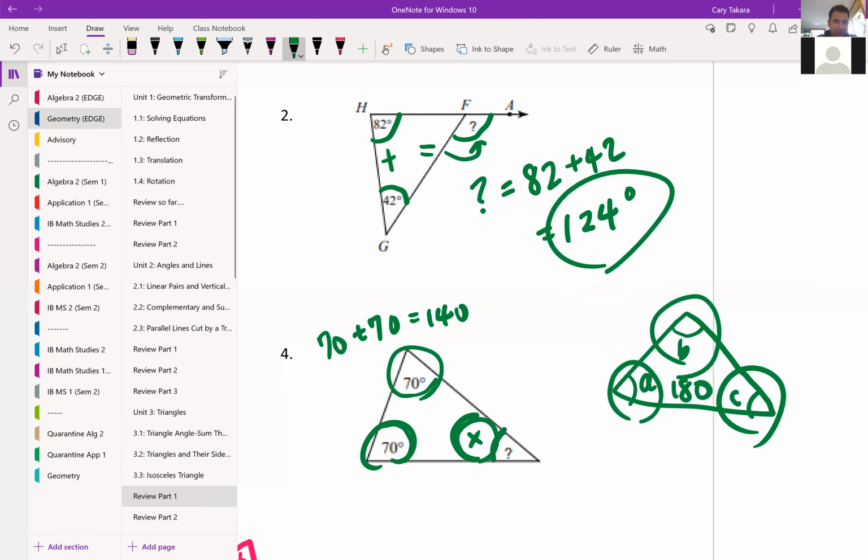But if you add one more angle, it's going to be 180, right? In other words, you want to find the difference between 180 minus 140, which is 40. Okay, so X is going to be 40. Okay. Everybody good?